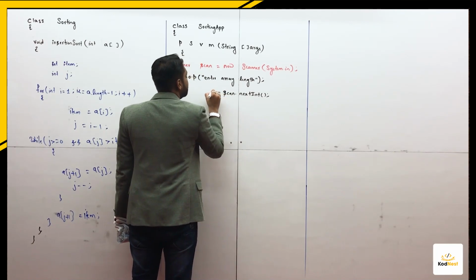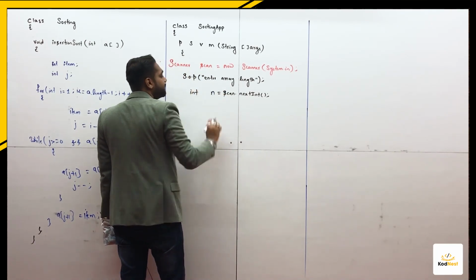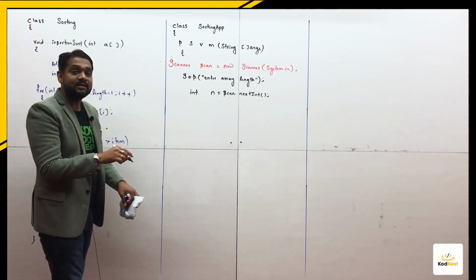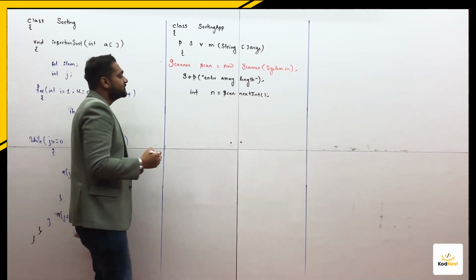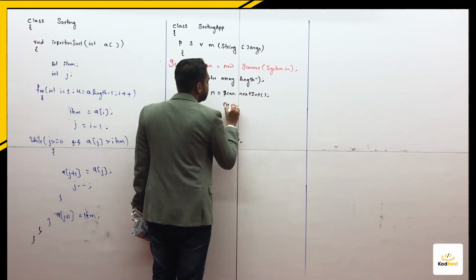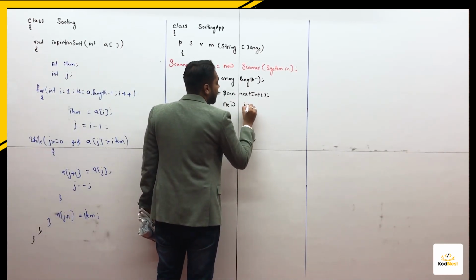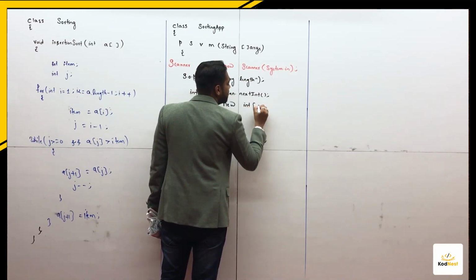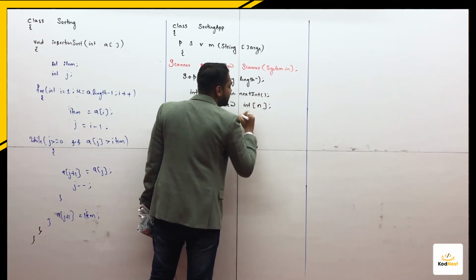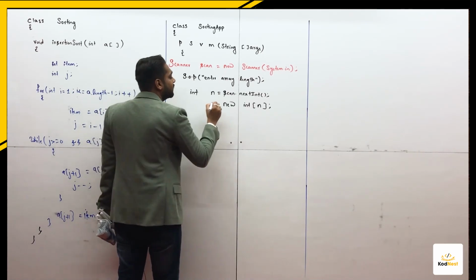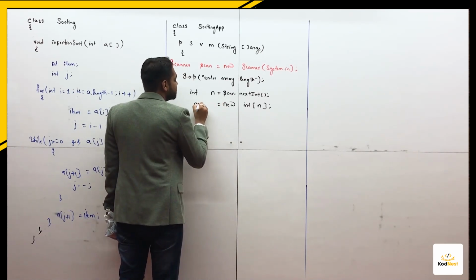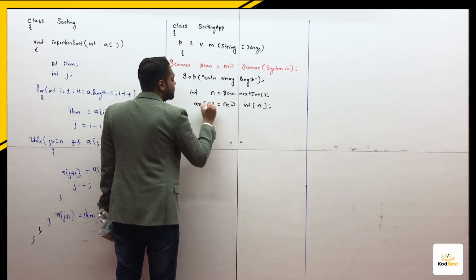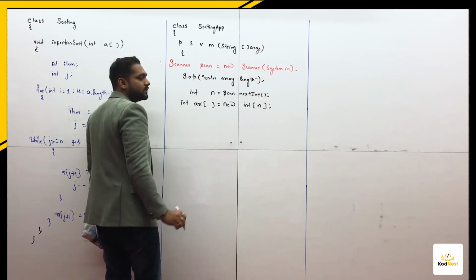I would store it in a variable called n, which is of type integer. Array length is there, array is not there. So what I will do, I will call JVM, wake up. I need a new integer array of the same length entered by the user, which is stored in n. For that, give the name as arr. arr is an array of type integer. Done.